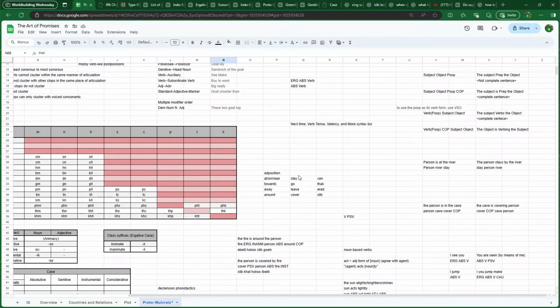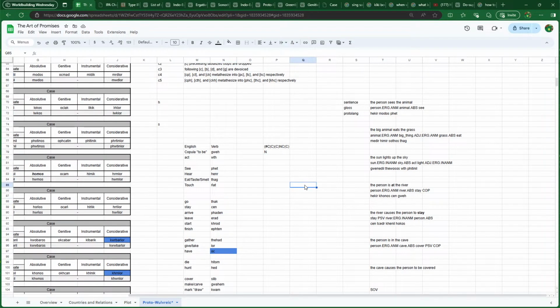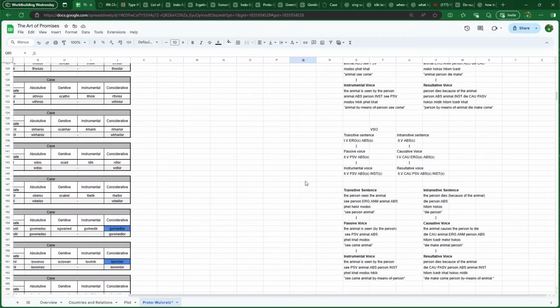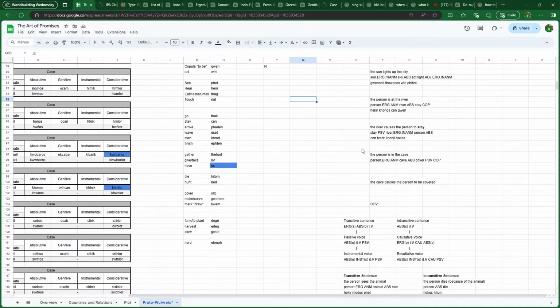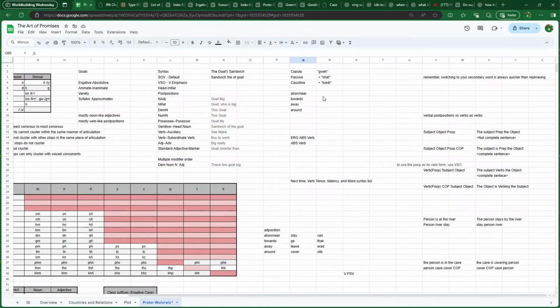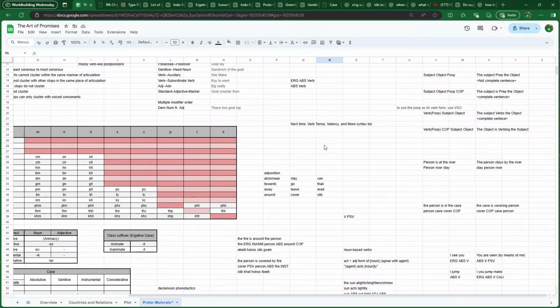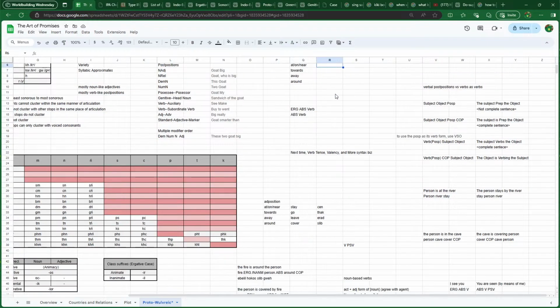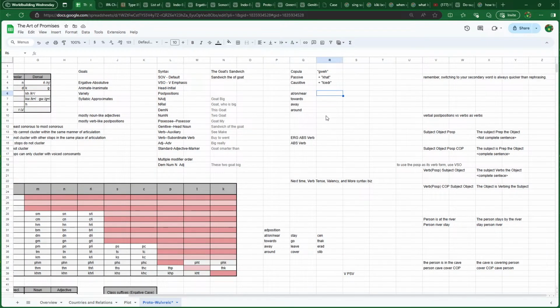We need to actually. Oh no, you know what? We don't. Because they still function as verbs in VSO word order. Right. I forgot. We don't need to make new ones like we did for these guys.